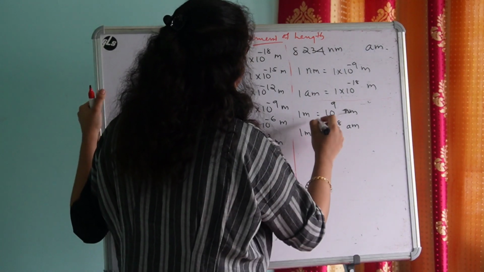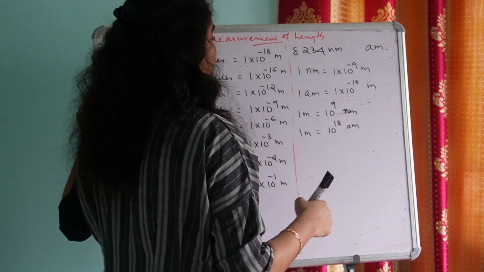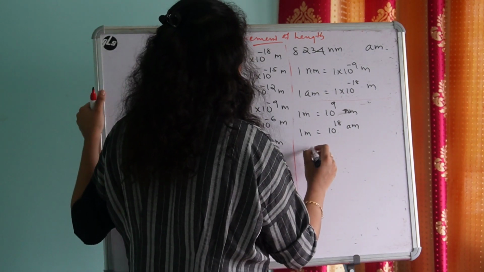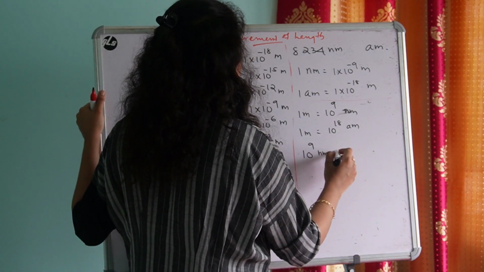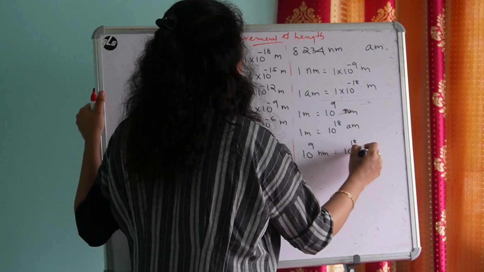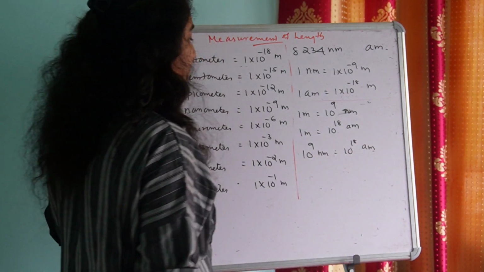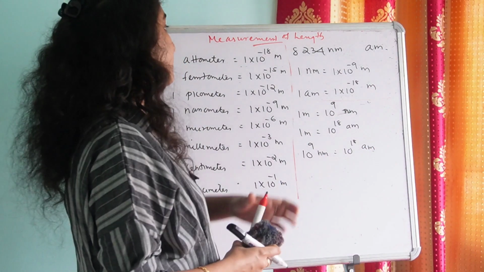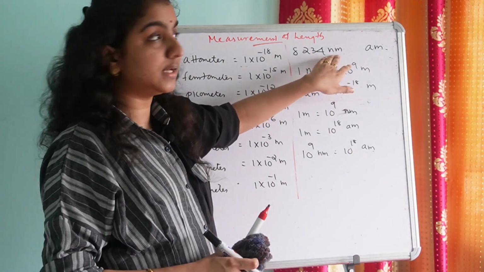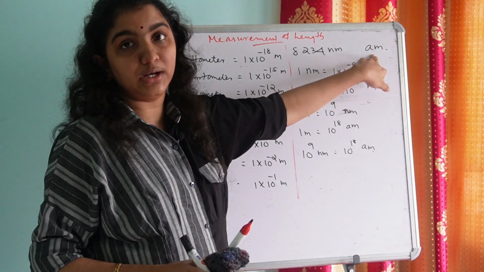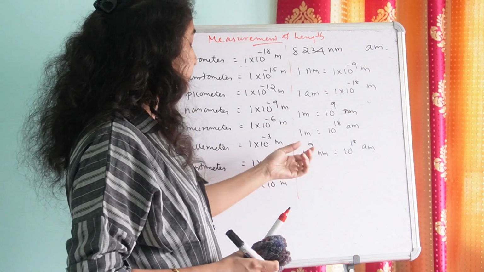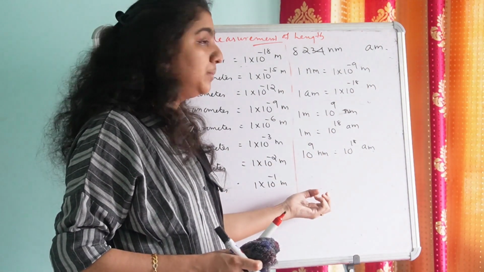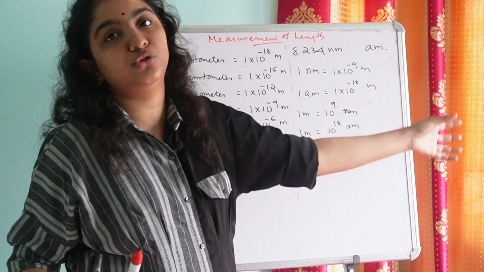So again I am going to compare these two equations, and I got 10 power 9 nanometer is equal to 10 power 18 attometer. Here the value is given in nanometer and you are asked to find the value in attometer. So what do you have to find? We have to find what 1 nanometer is equal to in attometer.